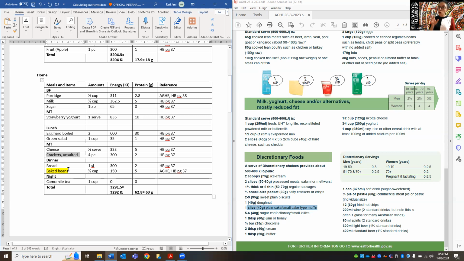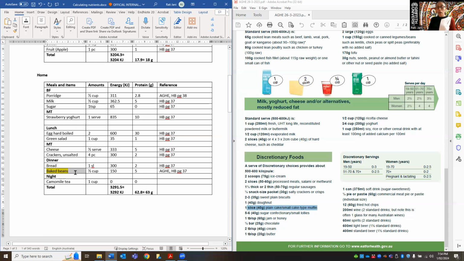In your quick ready reckoner, you have unsalted cracker listed as a staple cereal food item. Bread we don't consider discretionary, and similarly, unsalted crackers are not discretionary. They are just regular items.